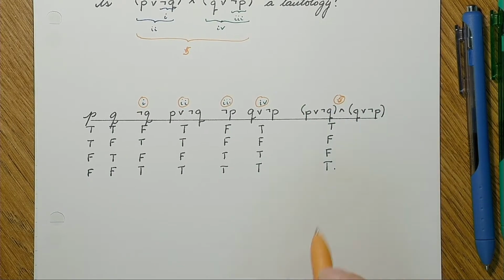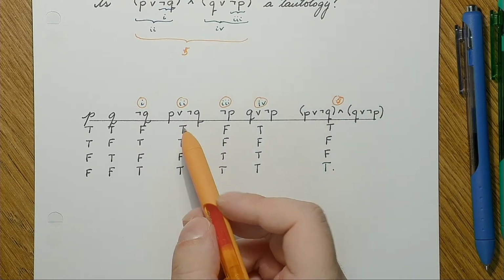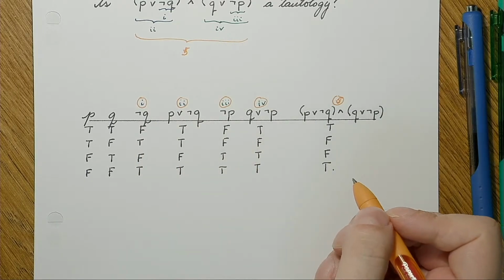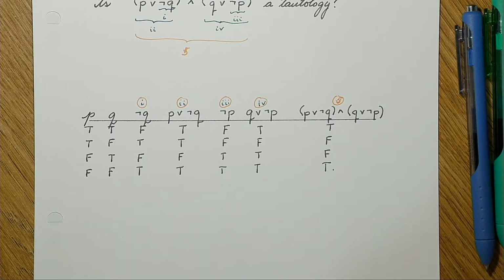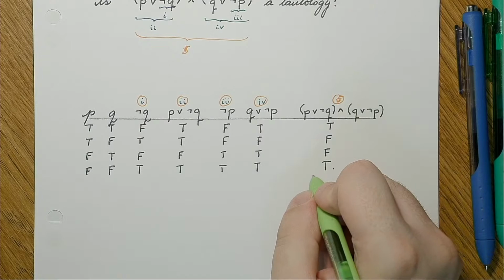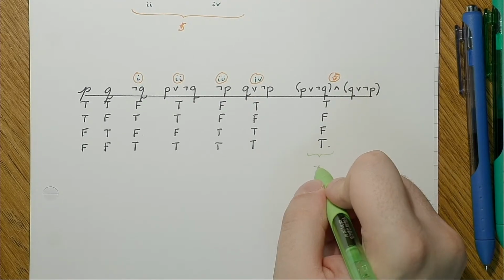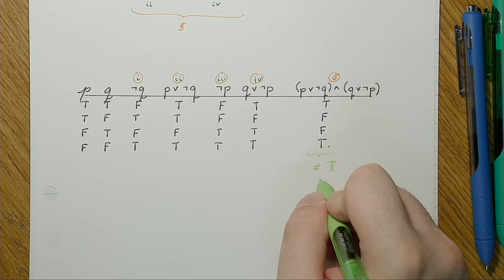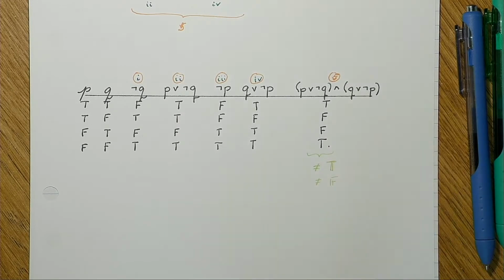Okay. So if you got the same ones, just breaking it down column by column, in the end over here, it's not a tautology, and it's not a contradiction.